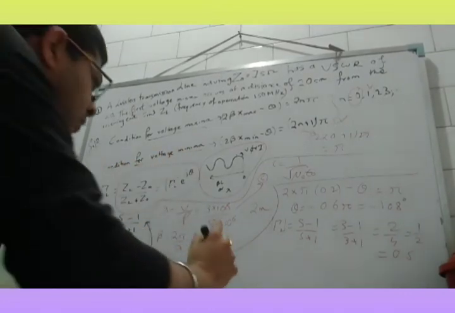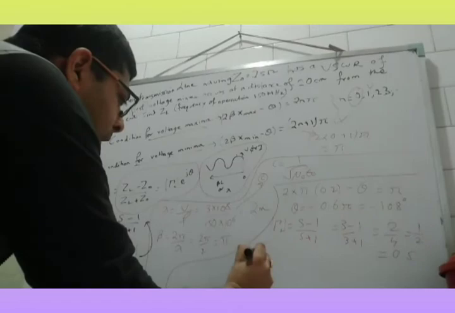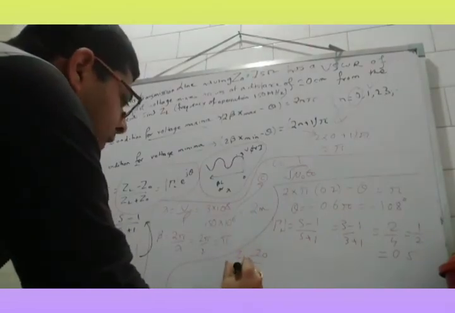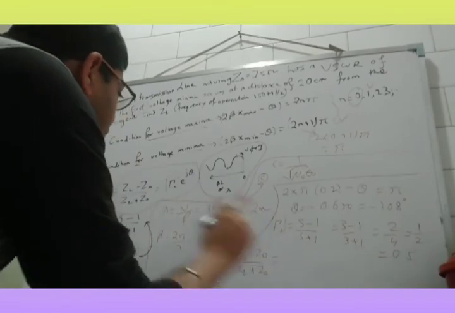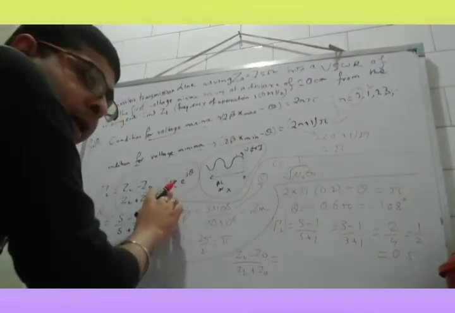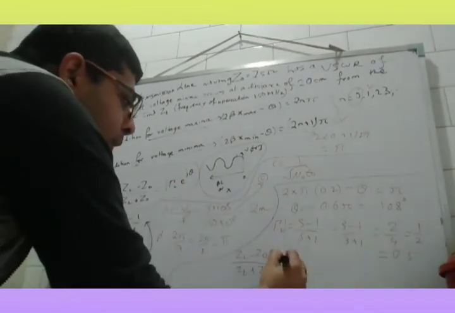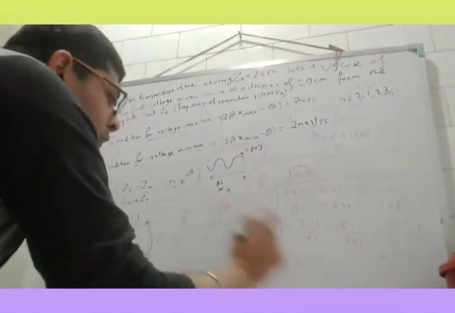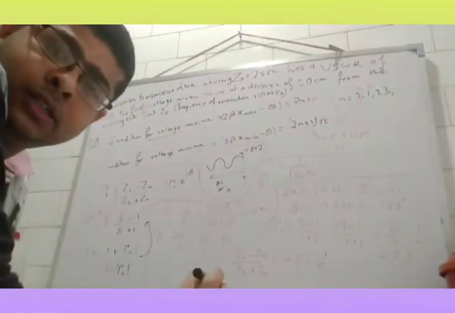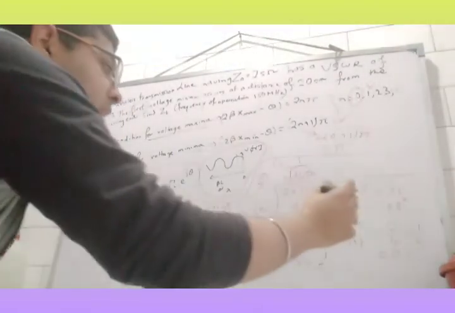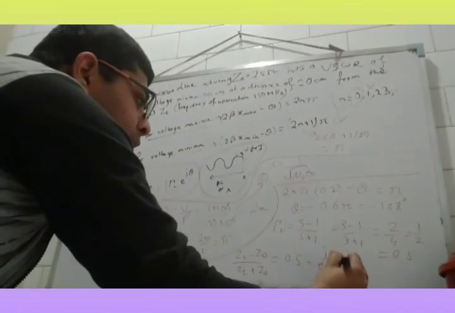ZL minus Z0 by ZL plus Z0 is equal to the mod value of gamma L, which is 0.5, so 0.5 multiplied by e to the power j theta. What is theta? Theta is minus 108 degree.